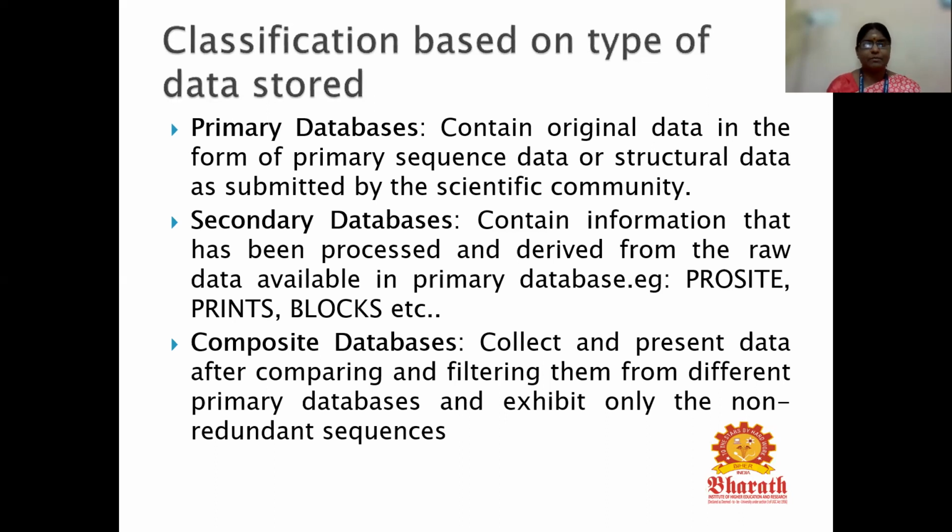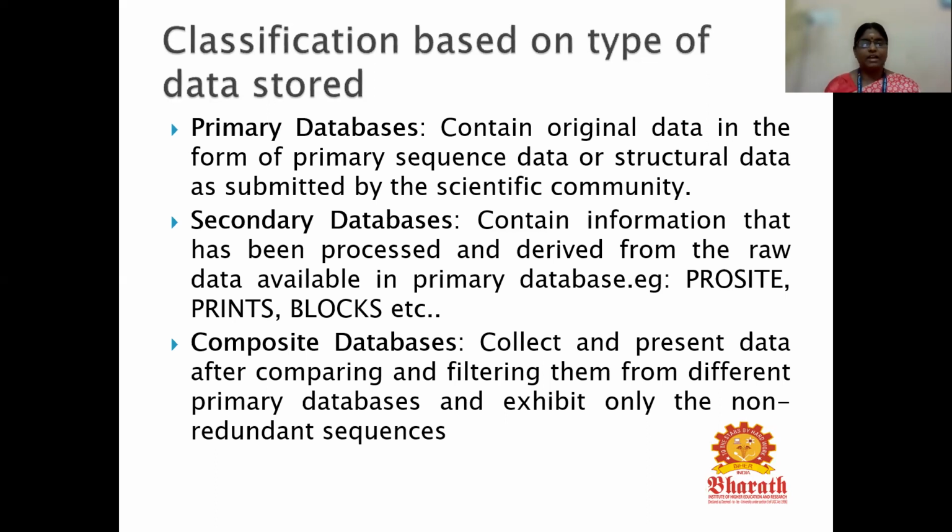In the primary database, the data are temporary. We cannot keep it as a permanent file because it has the primary sequence data, and it can be seen by all members of the scientific community.